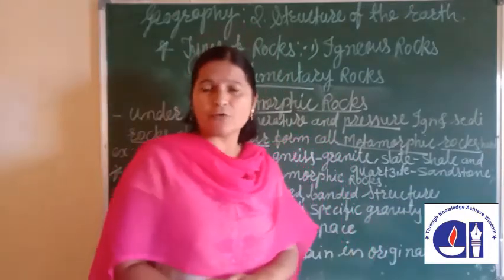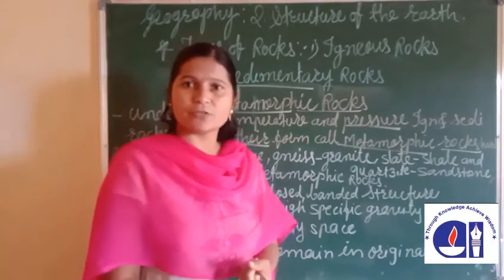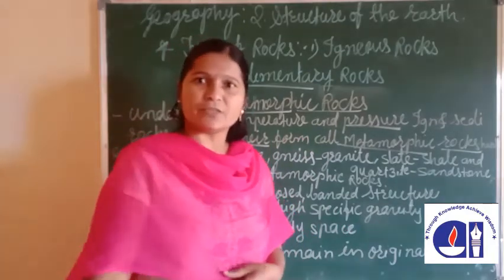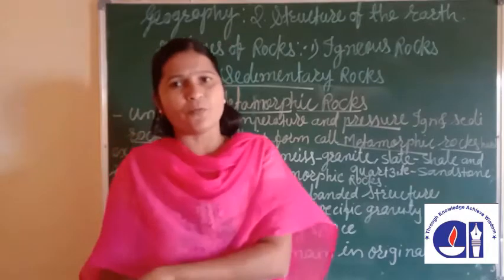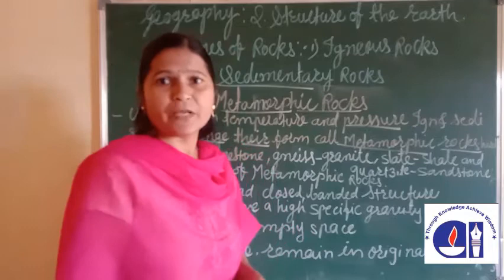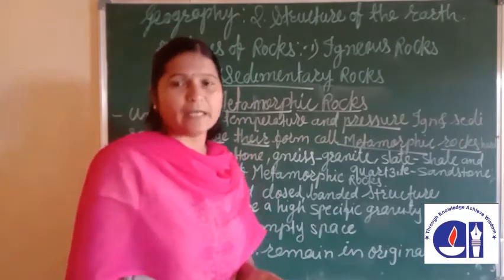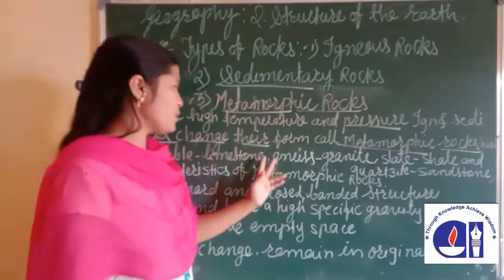Slowly, igneous rocks and then sedimentary rocks change into a new form. This process takes thousands of years, and after that some rocks are formed which are very hard, and those rocks are known as metamorphic rocks.